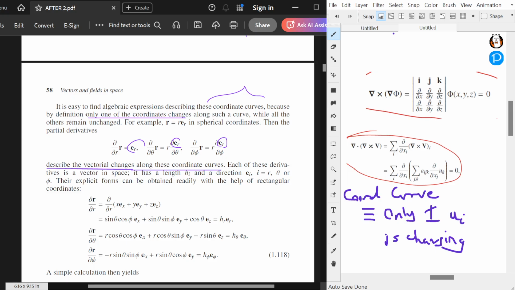The explicit forms can be obtained readily with the help of rectangular coordinates. Del r of r is this, del theta r, del phi r.